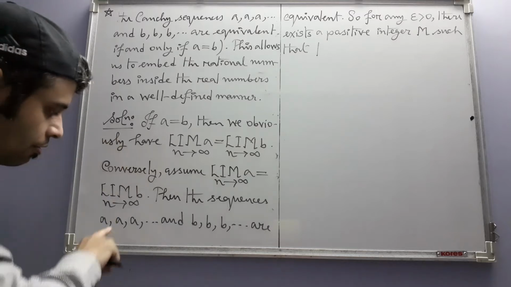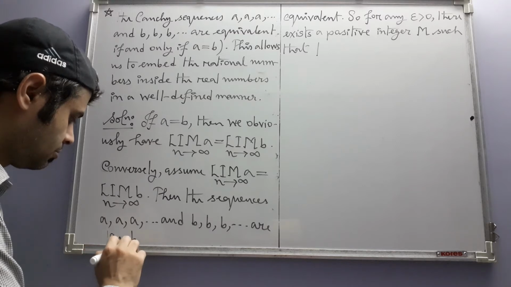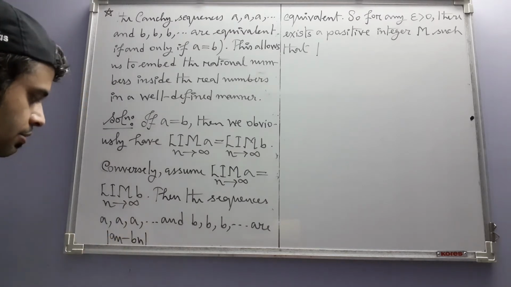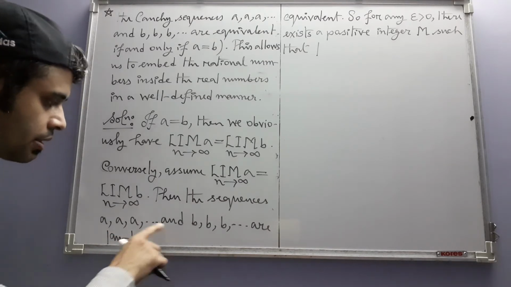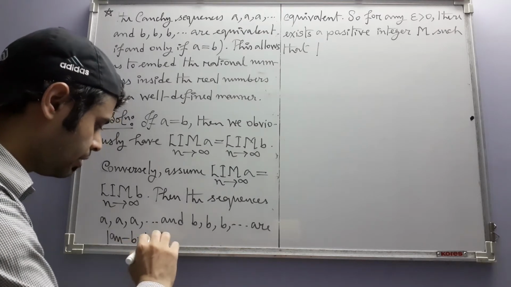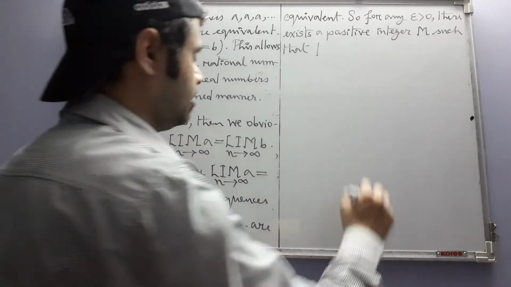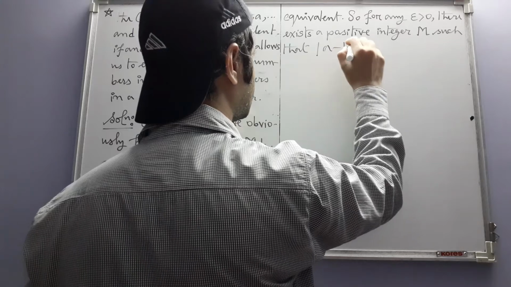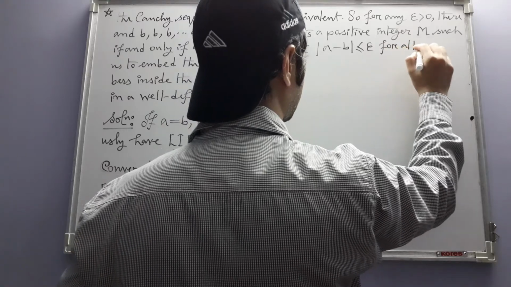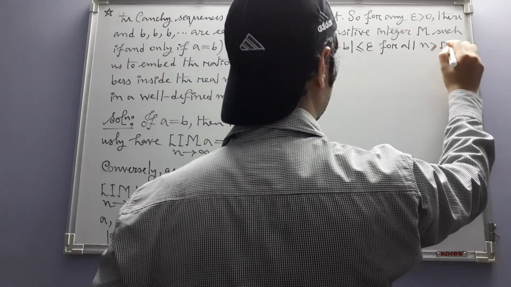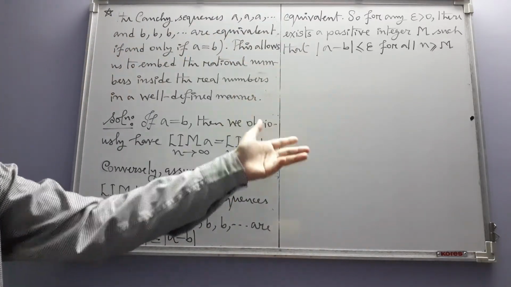But the thing here is that all such differences are equal. If you calculate this distance for these two sequences, where say an denotes the first sequence and bn denotes the nth term of the second sequence, then for all n it will be equal to this rational number, and that's why for all n greater than or equal to m. This may look somewhat strange because this one does not have any n, but in a sense it has.